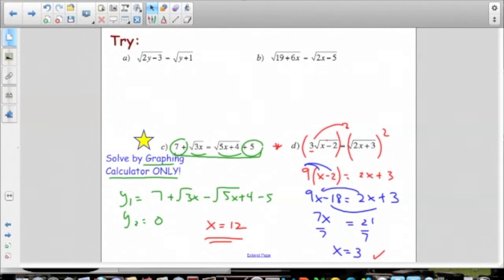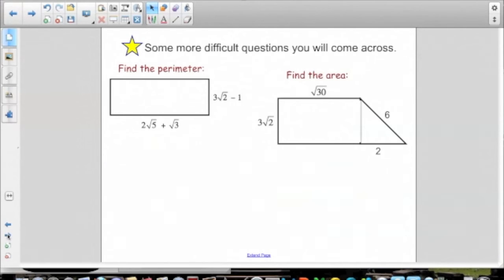All right, and I believe that is the end. Now, these questions come up and they're probably ones that people have difficulties with because they're not used to certain words. So like this one right here, perimeter. Perimeter is the distance around, all the way around.